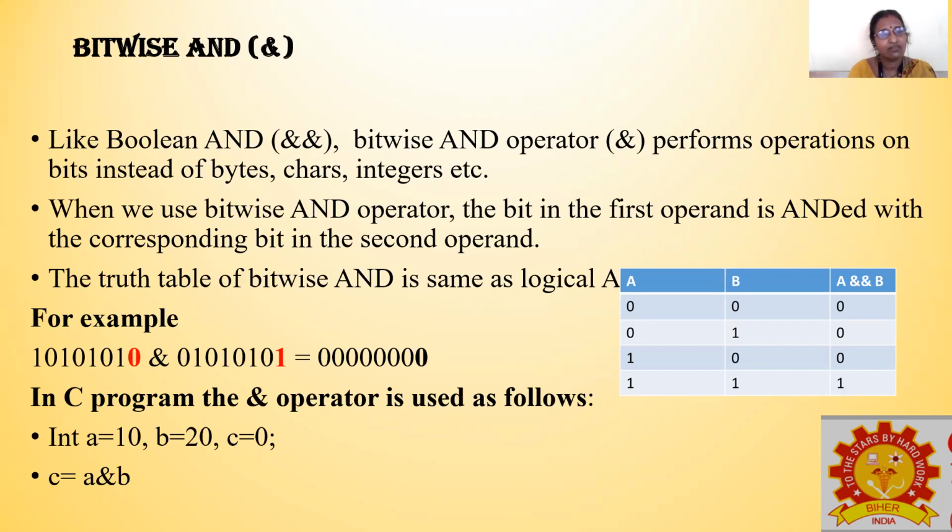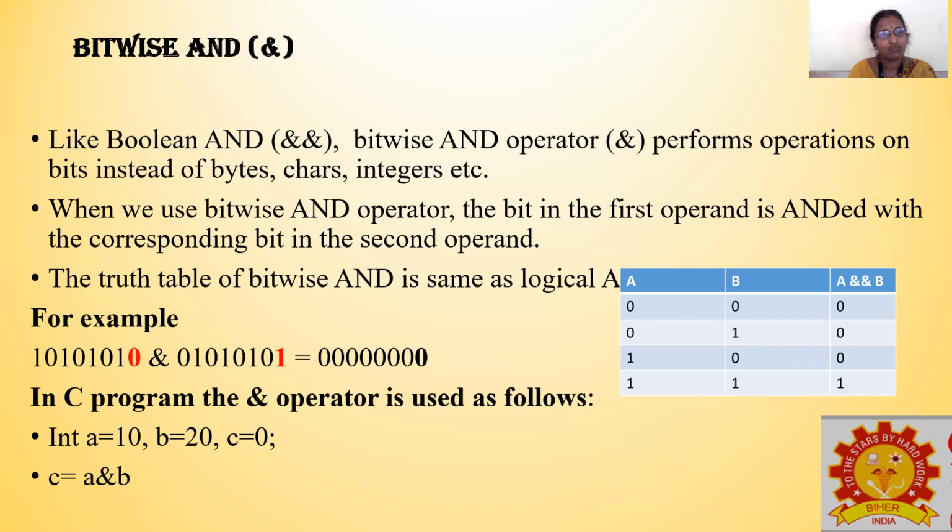Go to the last, the least significant bit: it is 0 in the first and 1 in the second, so 0 bitwise AND with 1 gives 0 according to the truth table. Next, the next bit: 0 and 1, so 0 bitwise AND with 1 gives 0.